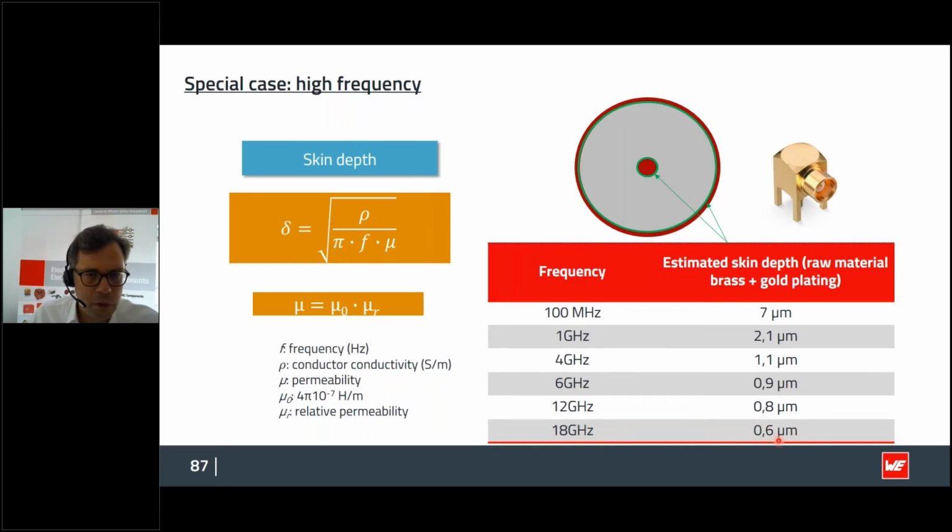Especially for high frequency applications, you want to have low losses, a very good interconnection, so that you get a very good data transfer. That's also an explanation why for high frequency connectors you should use a much higher plating to get fewer losses in the interconnection.